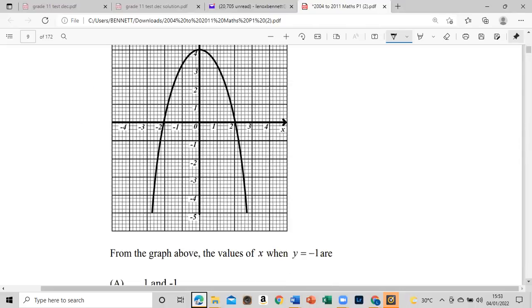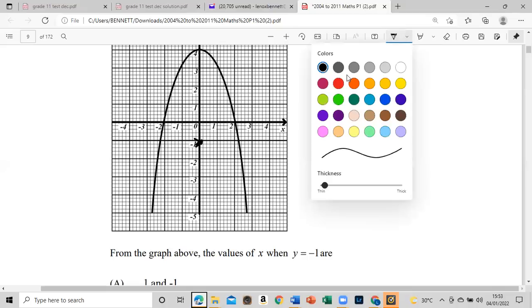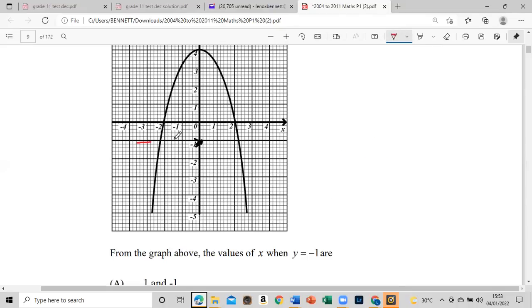From the graph above, the value of x when y equals negative 1. Alright, so when y is negative 1, first we find negative 1. Alright, so the line here, I'll put a different color. I put it in red. So we're actually searching for this point here.